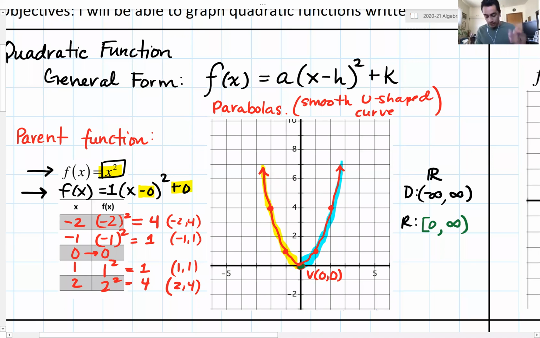So with domain, we don't include brackets typically because you're talking about infinity, right? You can't really capture infinity, so that's why we don't use brackets. With range, for the most part, one of those sides will have a bracket around it because the point exists on the function itself. It's a filled in point, right? So it's a closed circle. So yes, you would use a bracket at least on one of them. I think that answers your question.